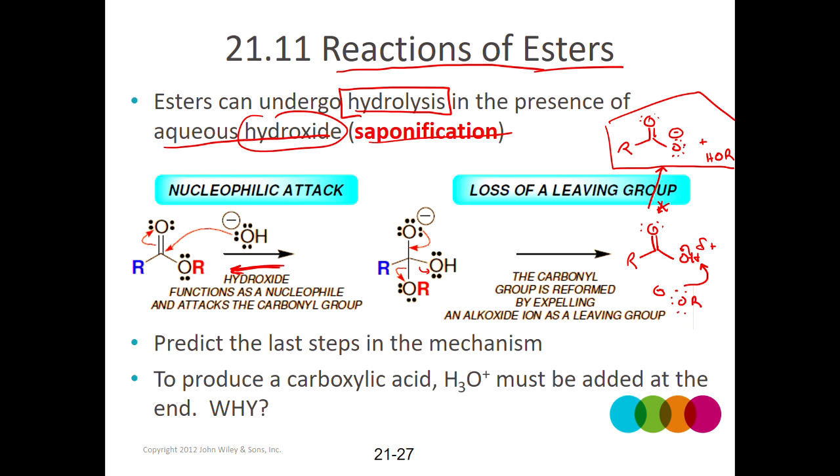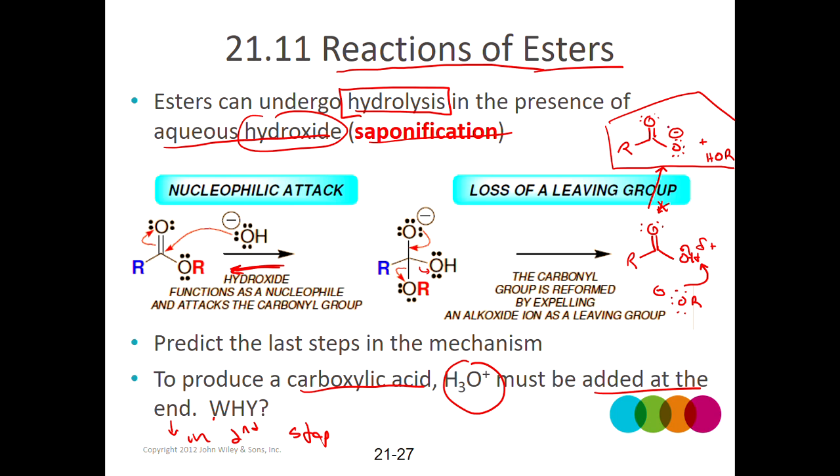If you want to make this into a carboxylic acid, you need some H3O plus in a second step. It must be added at the end in a second step. The negative is way more stabilized through resonance than over here on the OR.